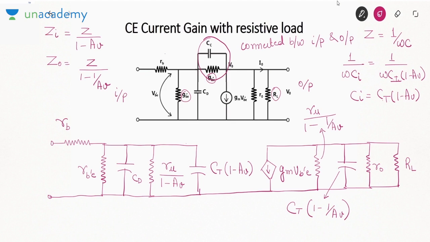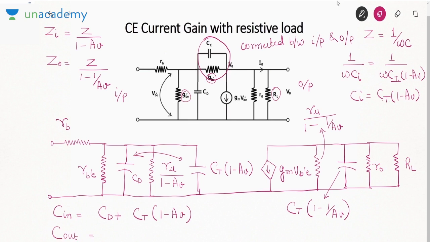Now in order to find the cutoff frequency, what do you have to do? You just have to find the resistance across the capacitance. So if I ask you what the capacitance at the input is, it is diffusion plus transition into 1 minus AV, both in parallel. And what about the output capacitance?